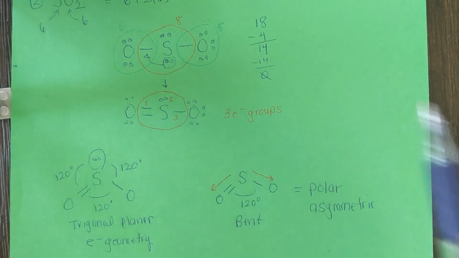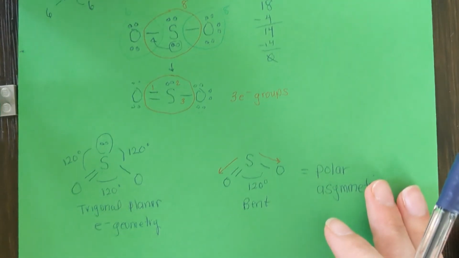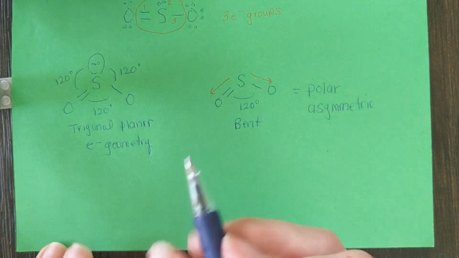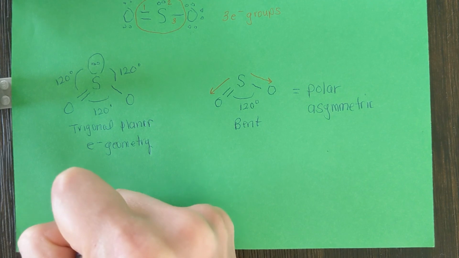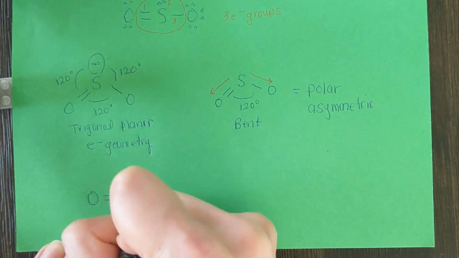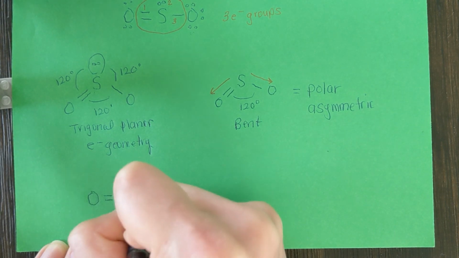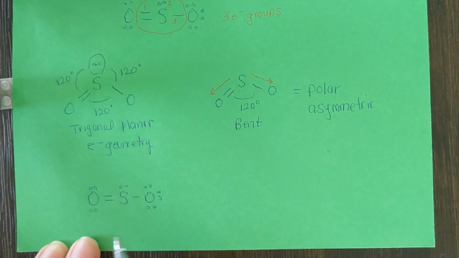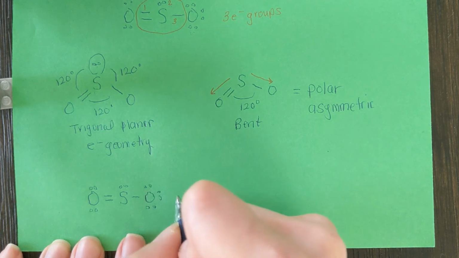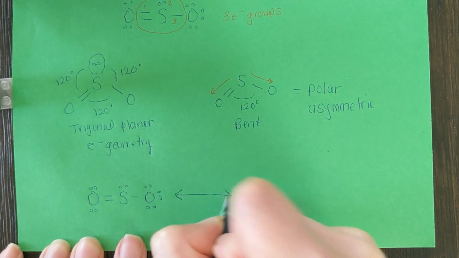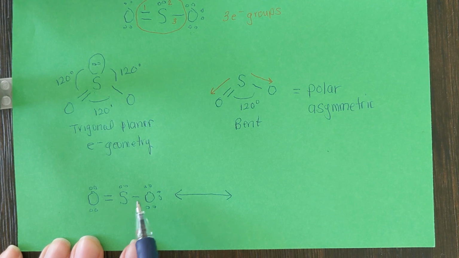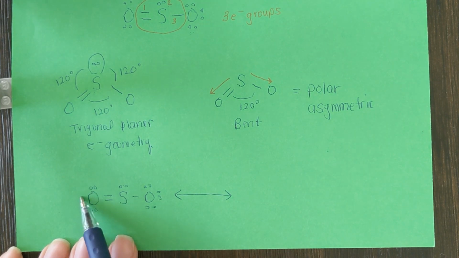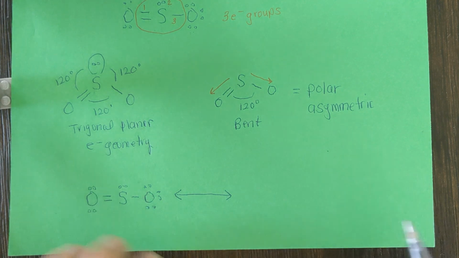When you have a choice in which atom gets your double bond, that's resonance. So if we look down here, if we take our original Lewis structure, our O double bonded to sulfur, single bond to oxygen, this is the first Lewis structure we did. We can show that these electrons are in motion and these lone pairs can travel and be over here on this oxygen, and this double bond can swing over.